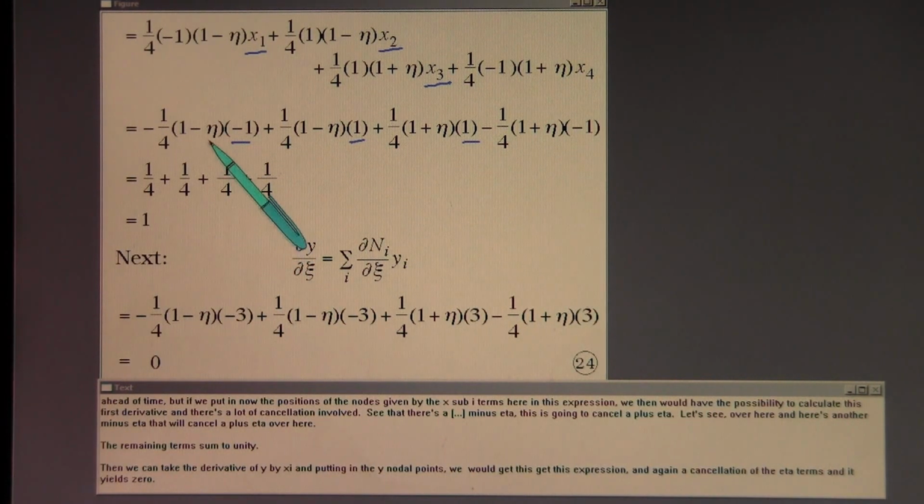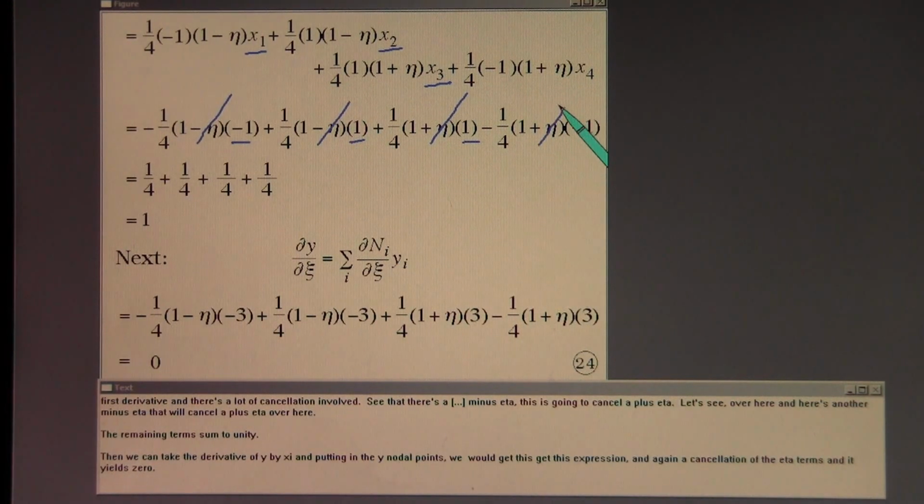You see that there's here a minus eta, which is going to cancel a plus eta, let's say, over here, and then here's another minus eta that will cancel a plus eta over here. The remaining terms sum to unity.